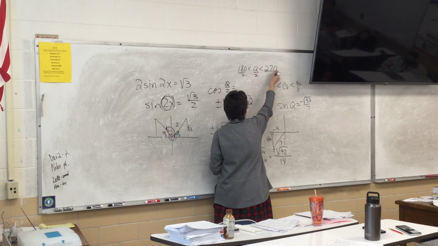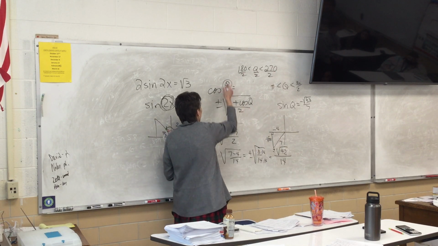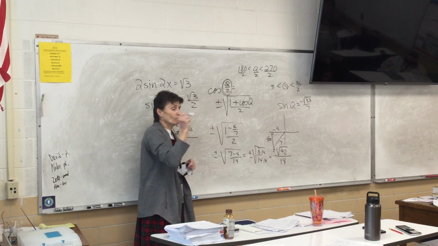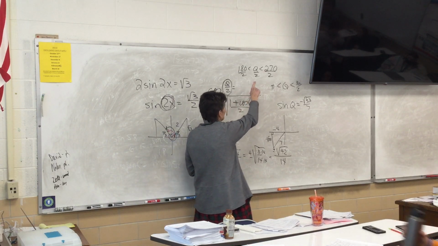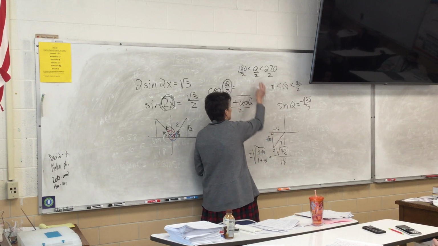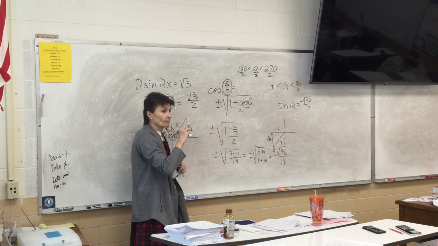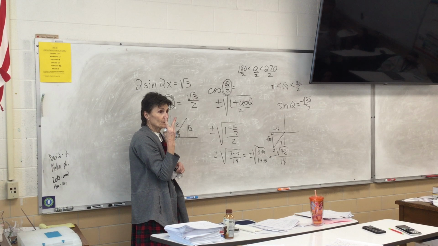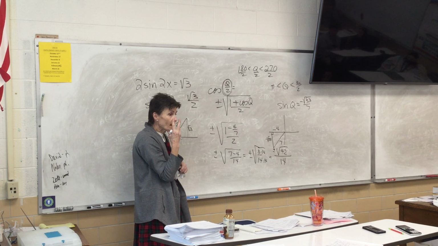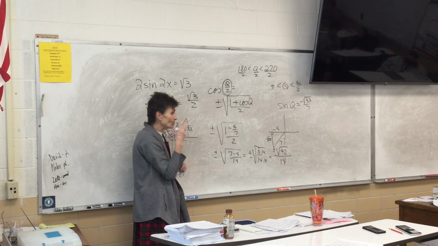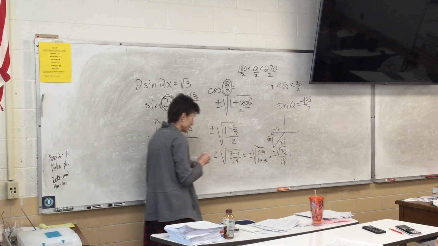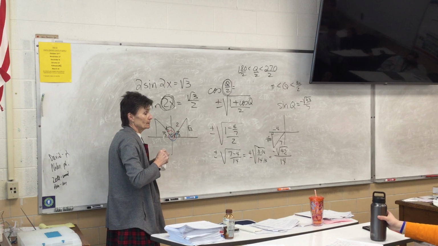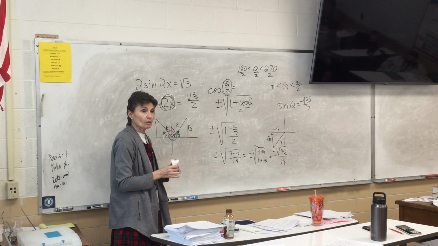Take half of everything, because your problem is Q over 2. So where is Q over 2? Q is in quadrant 3. Where will Q over 2 be? Quadrant 2. And the cosine in quadrant 2 is negative. So we need a negative root. Okay, Charlie?